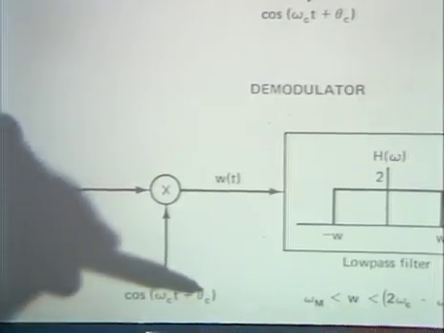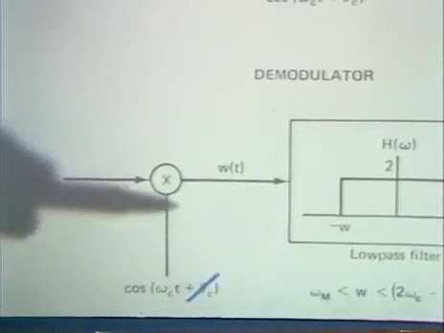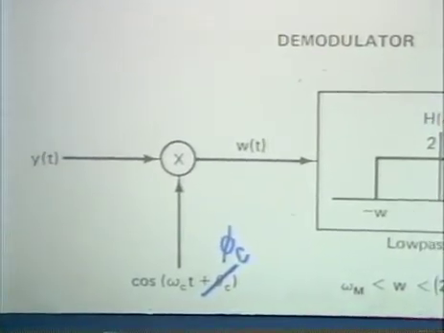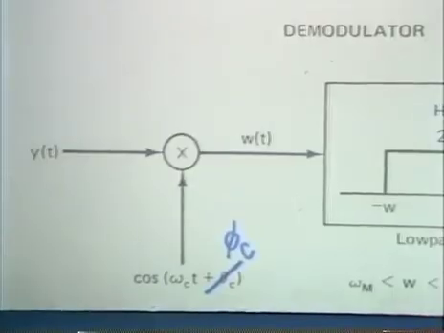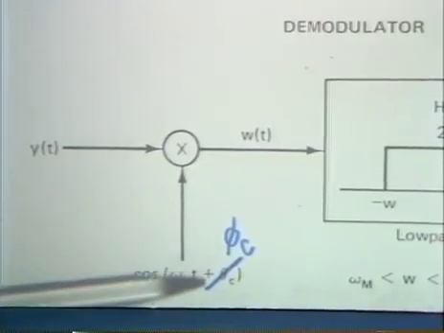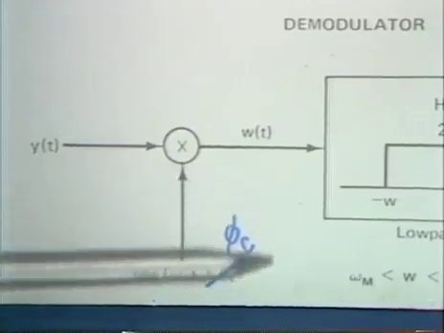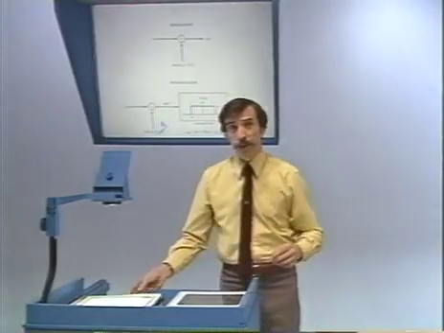And so what we want to examine now, more generally, is what the consequence might be and the solution to the resulting problems if we don't have synchronization between the modulator and demodulator, synchronization in terms of phase.